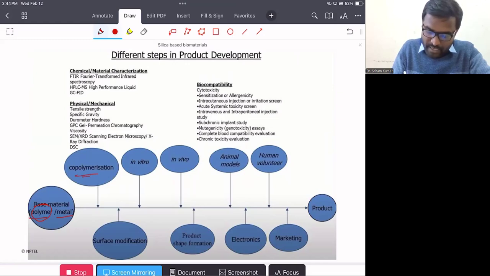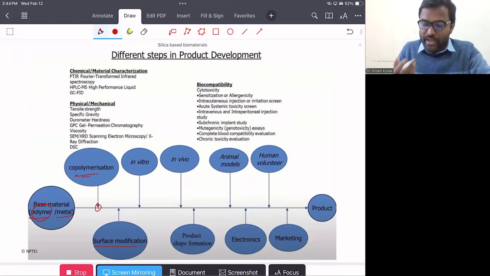So this is the base material, and then the polymerization happens here. Once we get the product, we should modify the surface of that base material to make it biocompatible.